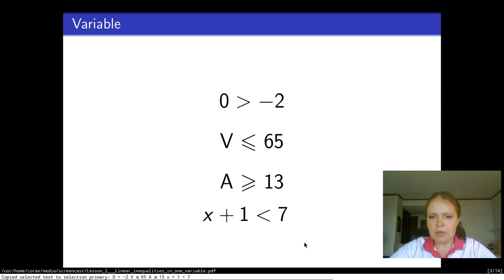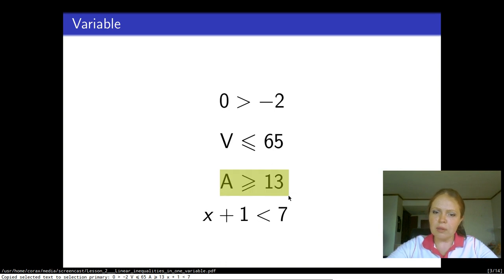The other three examples are also inequalities, but they contain v, a and x. What are these? Probably you remember the example about the speed on the highway. Can you remember that the speed on the highway should be no more than 65 kilometers per hour? It can be 64 or maximum 65, but not 66.